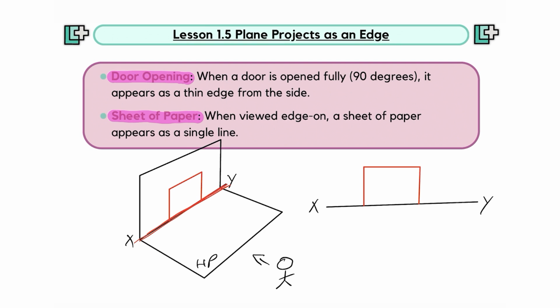Likewise, if I was to take a plan view of an object and look directly down from an aerial view, the vertical plane would be represented as an edge, again the XY line, and this is what allows me to draw my plan view using the XY line to represent the vertical plane as an edge view, like so.